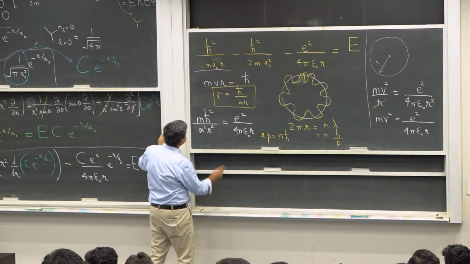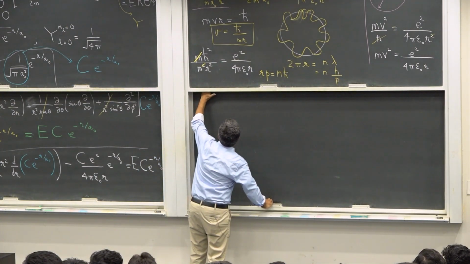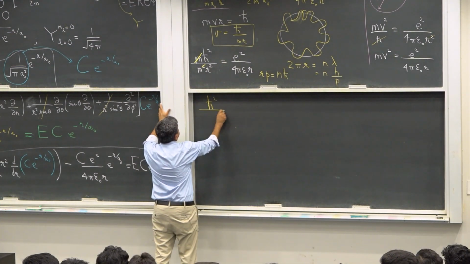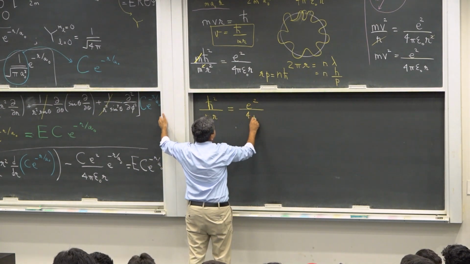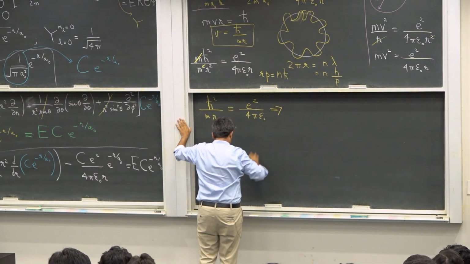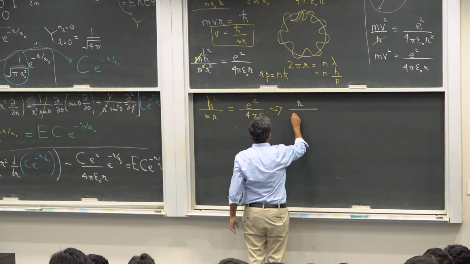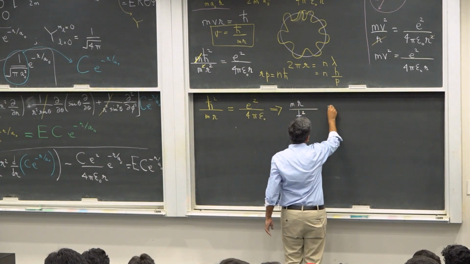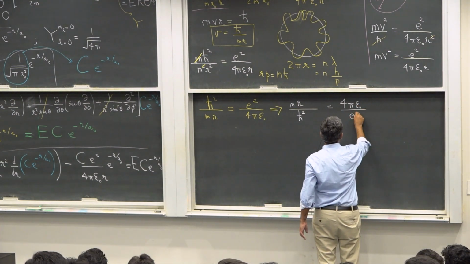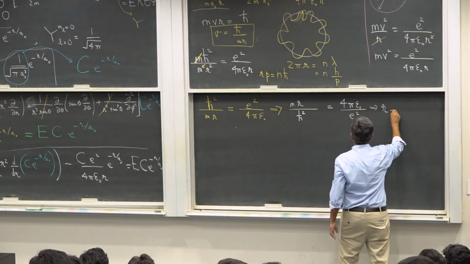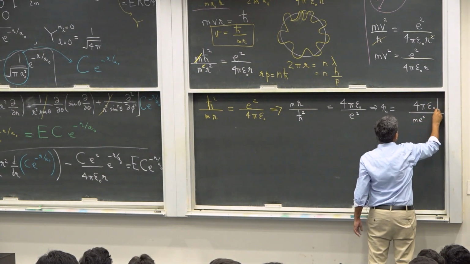So h bar squared over m r squared times r equals e squared over 4 pi epsilon naught, which would imply m r over h bar squared equals 4 pi epsilon naught over e squared, which implies that r equals 4 pi epsilon naught h bar squared over m e squared.